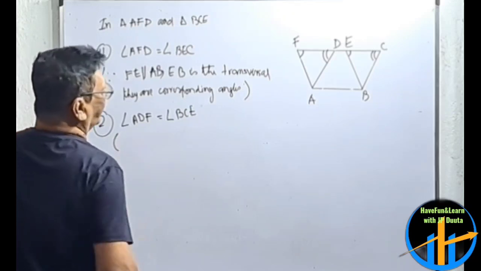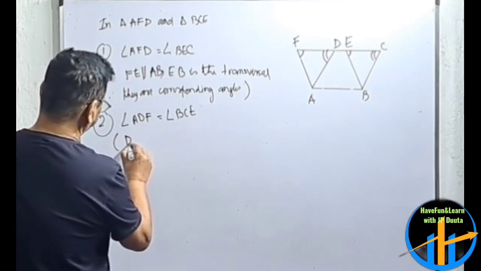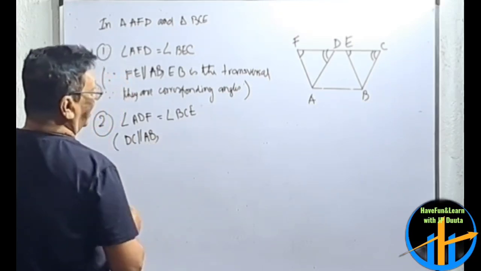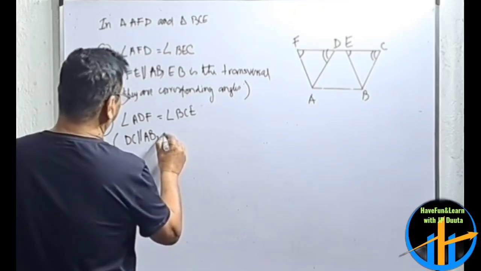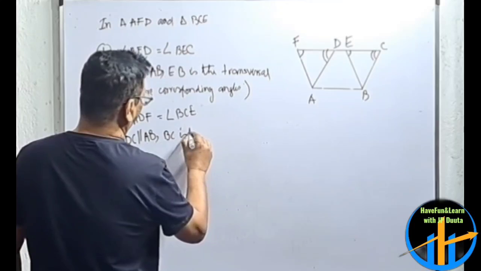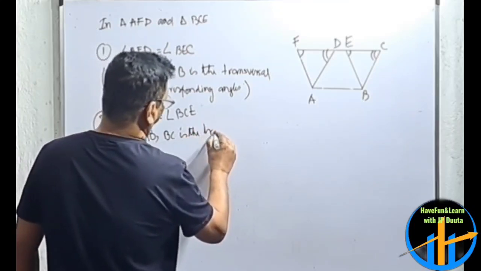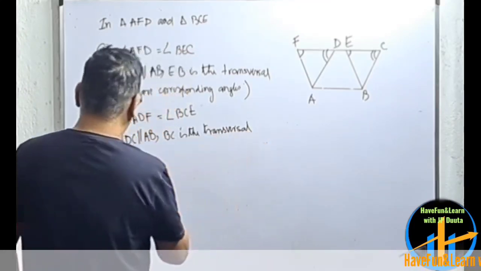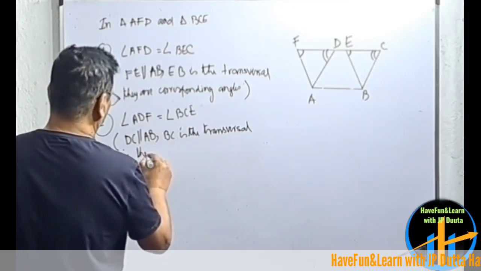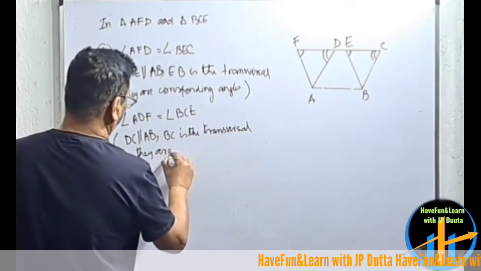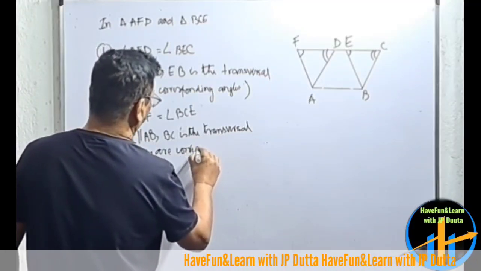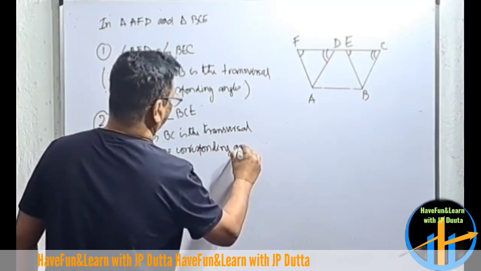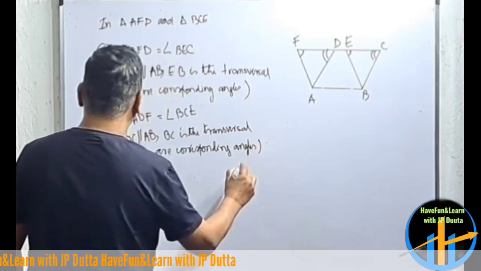Reason is DC is parallel to AB and BC is the transversal. Therefore, they are corresponding angles. Correct?